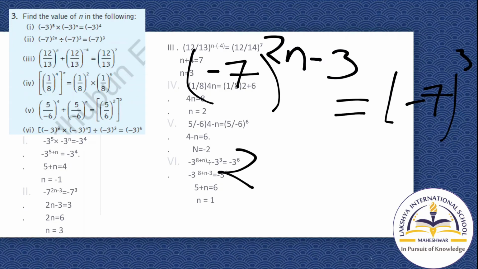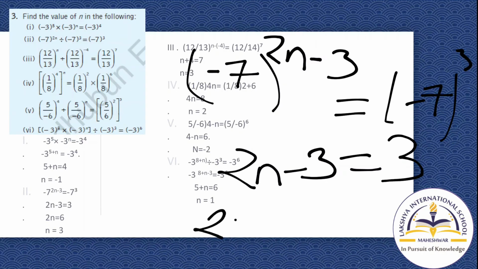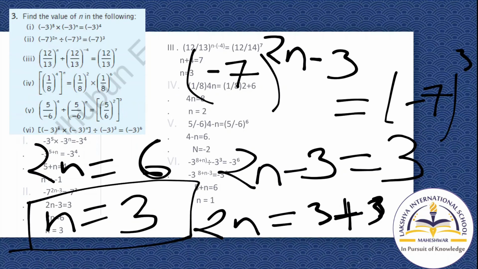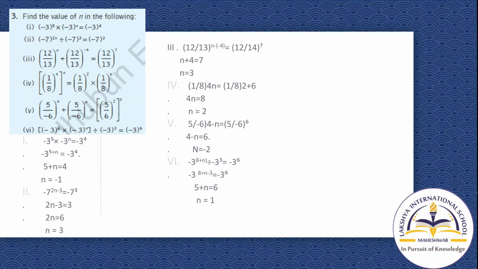Now 2n minus 3 equals 3. When we transfer the 3 here, it will become a positive sign. Then 2n equals 6, so n equals 6 divided by 2, n equals 3 is the answer.